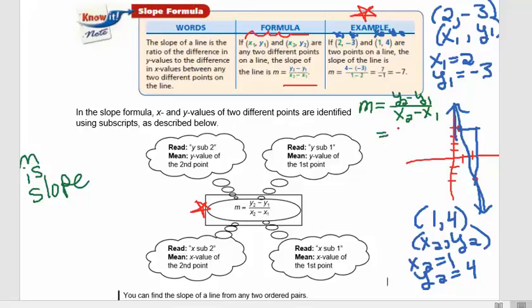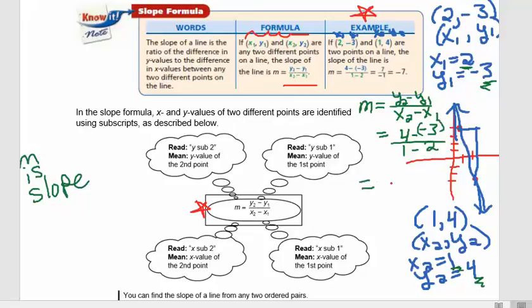So let's see, y sub 2, that's right here, that's 4, minus y sub 1, that's right here, that's -3. I have a minus a negative, so be careful of that. Over x sub 2, here it's 1, and x sub 1 is 2. So now I'm ready to simplify this.